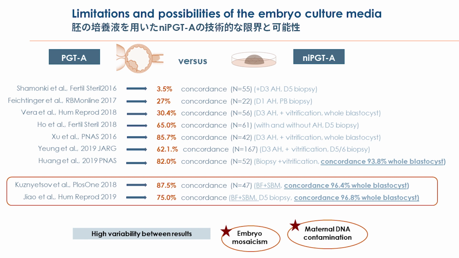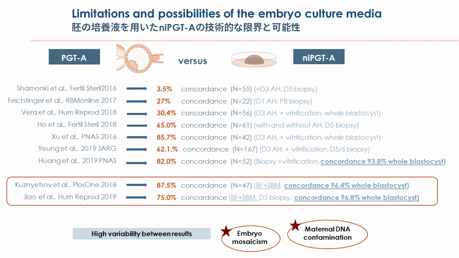So it was like blastocyst collapse or aspiration of the media from the blastocoel cavity. So the results in some studies were very good, 85.7, 87.5, very high concordance rate.